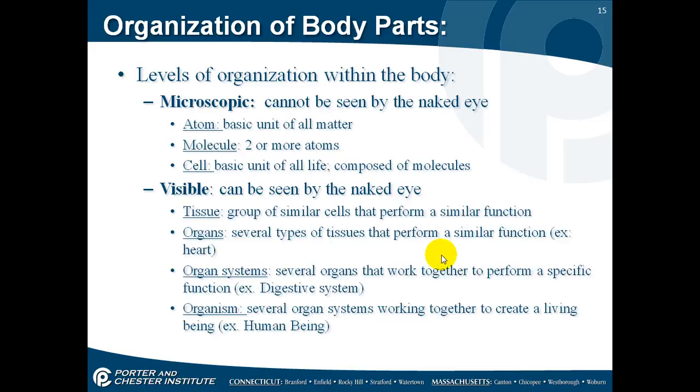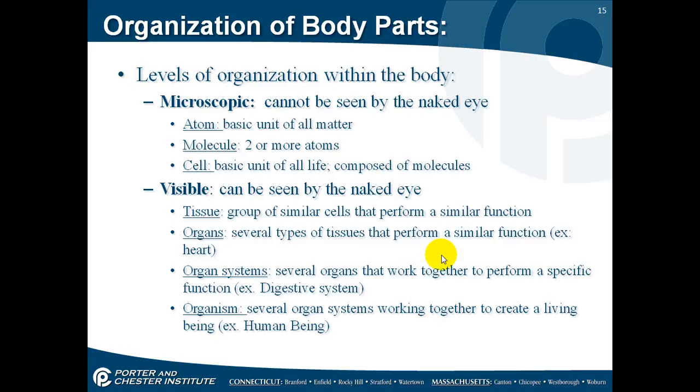Visible parts of the body are those which can be seen with the naked eye. Tissues, which are groups of similar cells that perform a similar function, such as dental enamel, dentin, pulp, and cementum. Those are tissues that form a particular organ. Organs are the next group. They are several types of tissues that perform a similar function, for example, the heart.